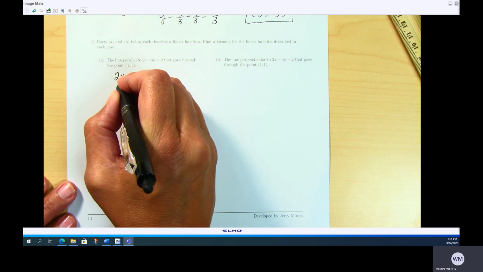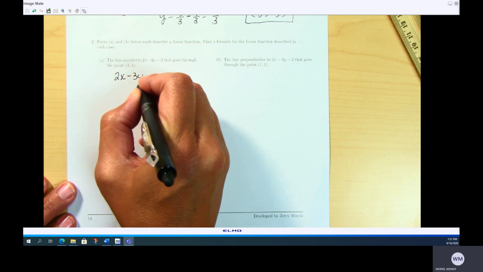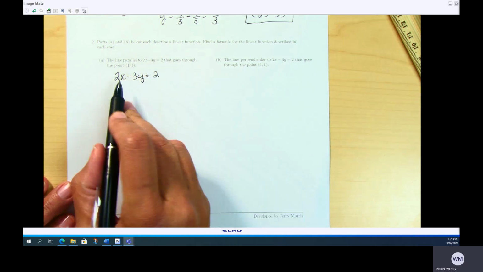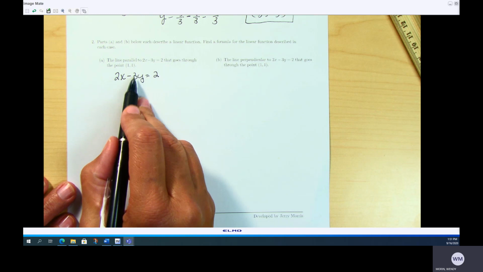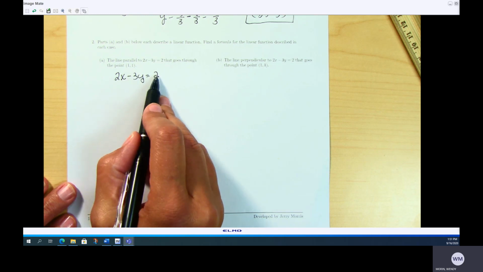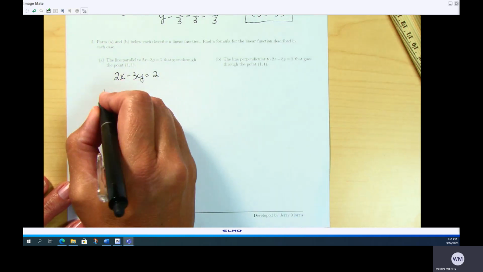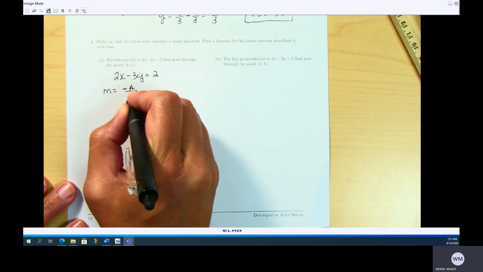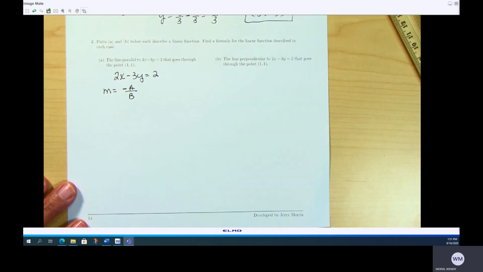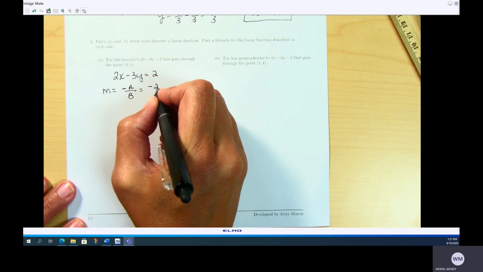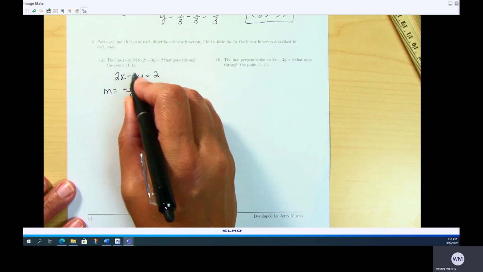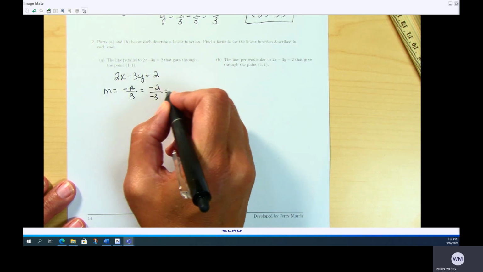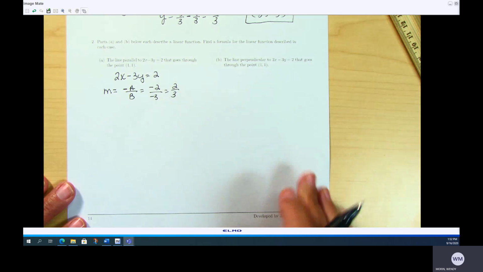If you have an equation in standard form, ax plus by equals c, you could find the slope by taking the opposite of the a value divided by the b value. So the opposite of your a value divided by your b value gives you 2/3.